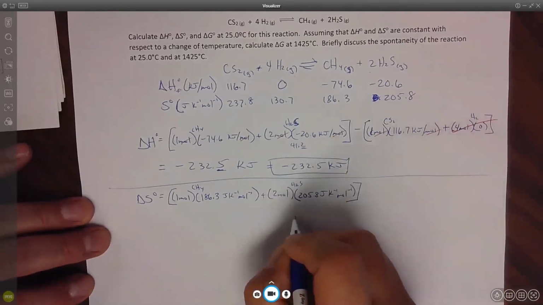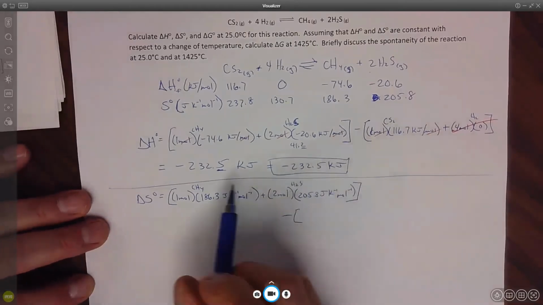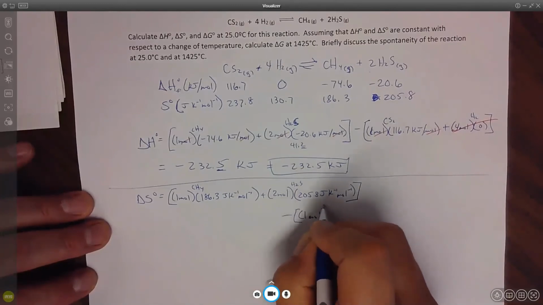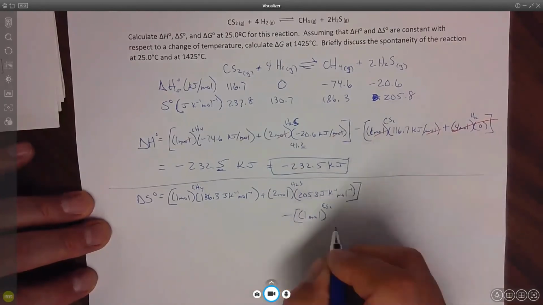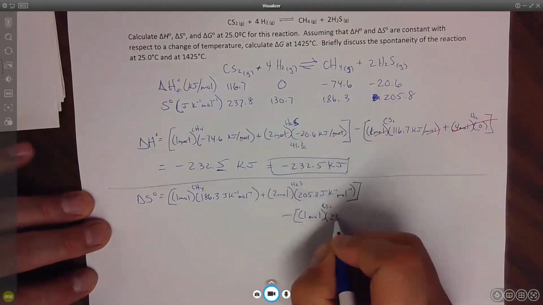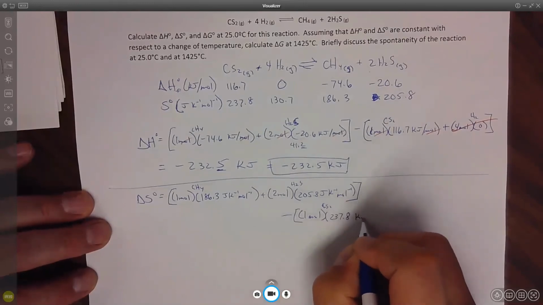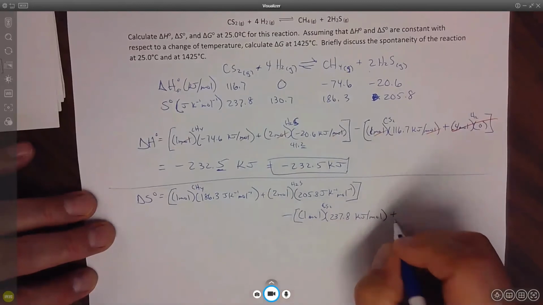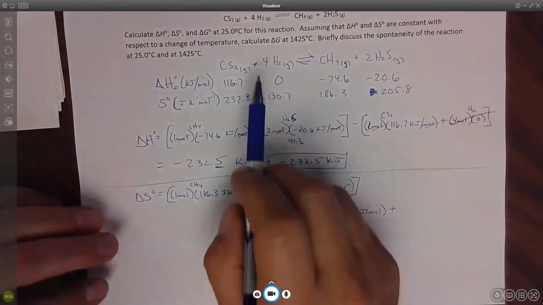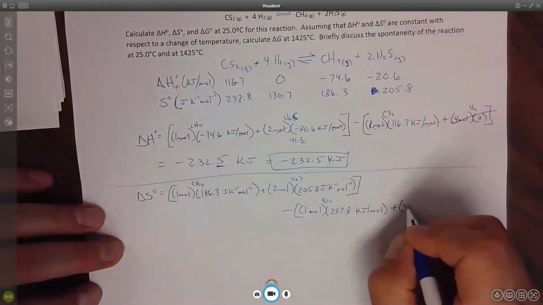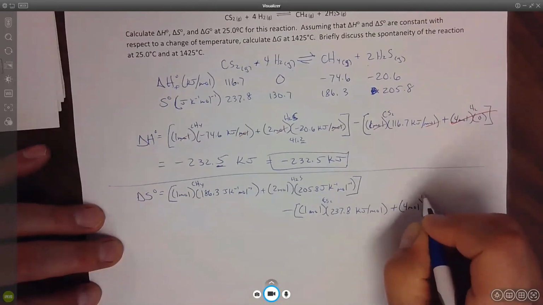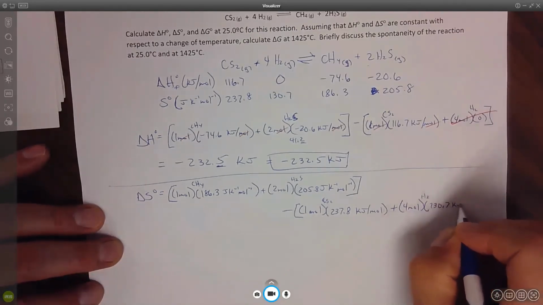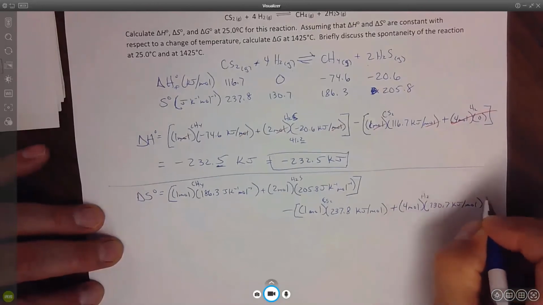And then we're going to subtract from that the 1 mole of carbon disulfide at 237.8 joules per Kelvin per mole, and we're going to add to that the 4 moles of hydrogen at 130.7 joules per Kelvin per mole.